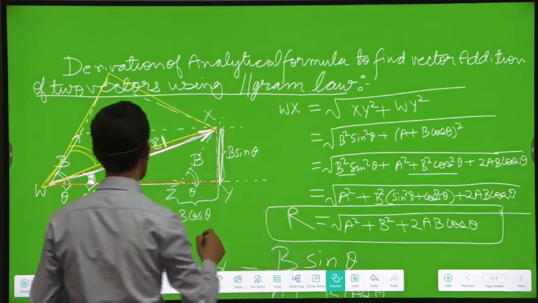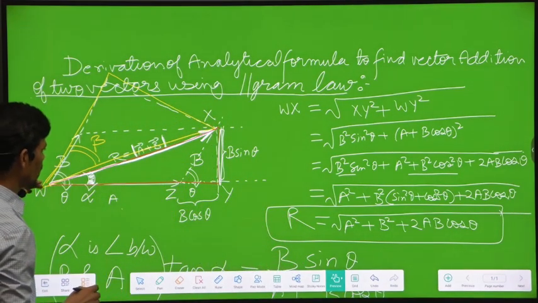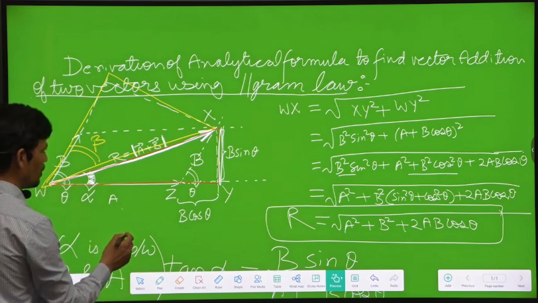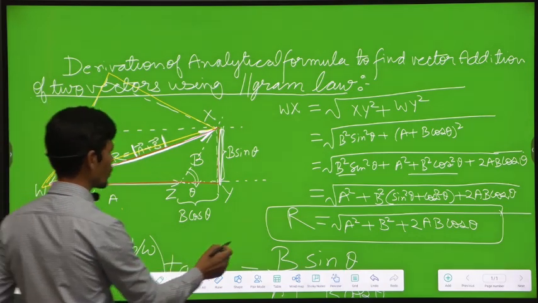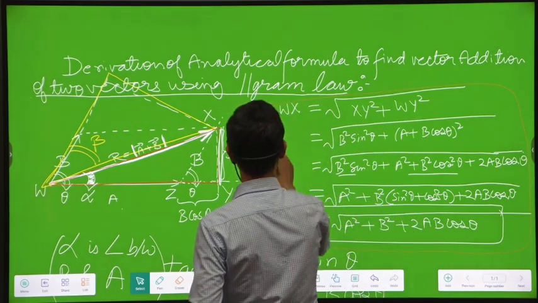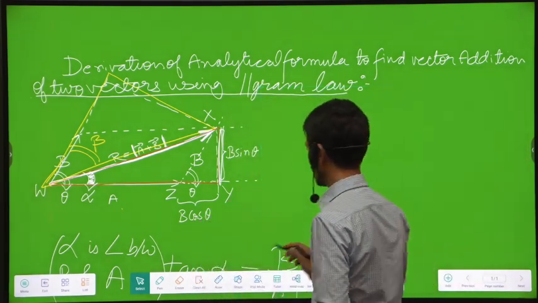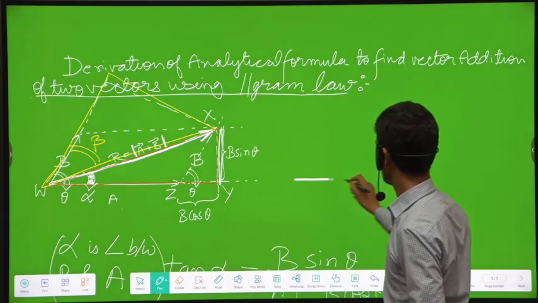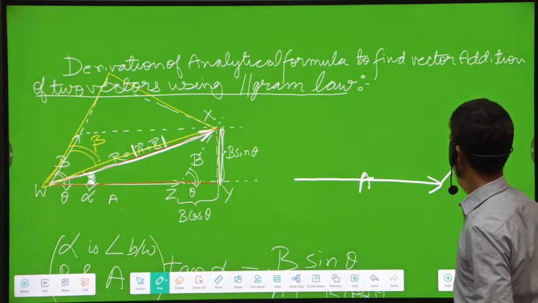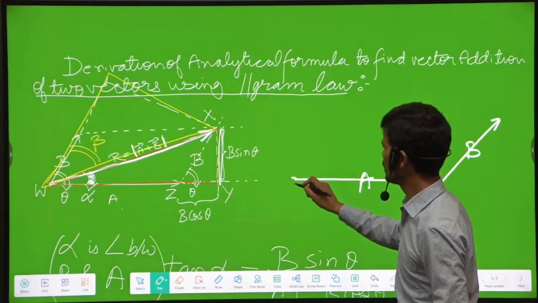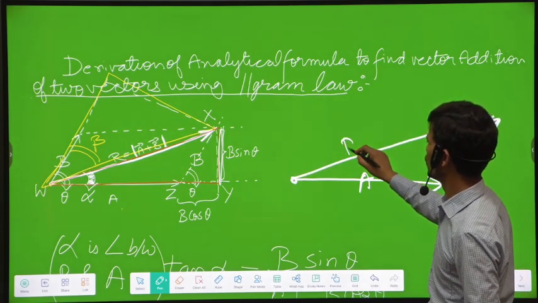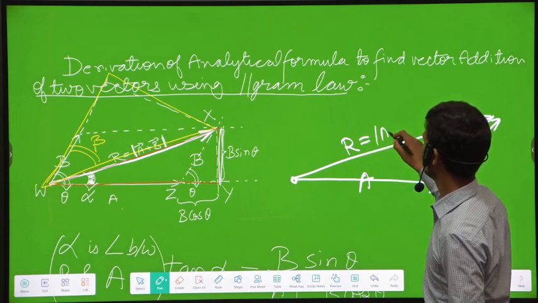In the triangle law we have two vectors A and B, and the third side taken in opposite order is their resultant.